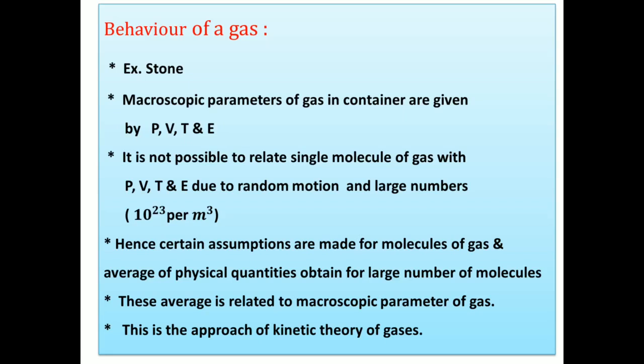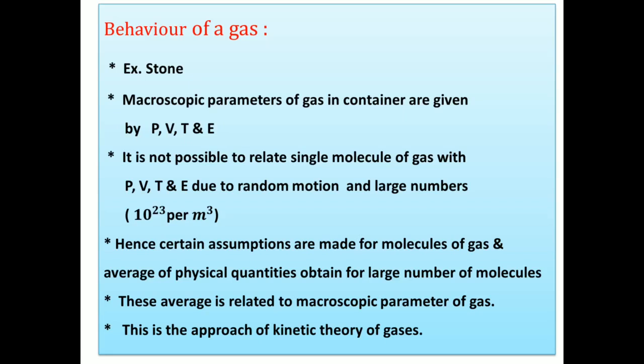But it is not possible to determine the pressure, volume, absolute temperature, and energy for a single molecule of the gas, because these gas molecules are a very large number. Very large number means how much? 10 raised to 23 per meter cube, and they are always in a state of random motion.